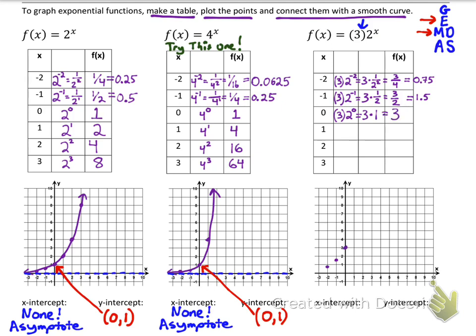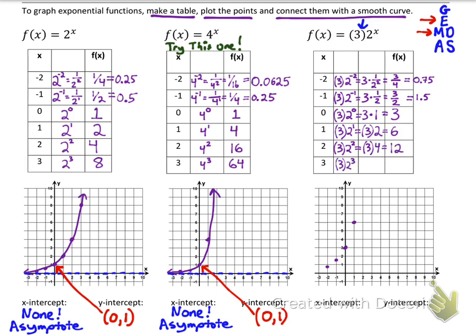So this y-intercept is not at 0, 1. That's because of the 3 out in front of the equation. Then we do the exponent first again, but 2 to the first is just 2, so we get 3 times 2, which is 6. Plot that point. And 2 squared is 4, and 3 times 4 is 12.